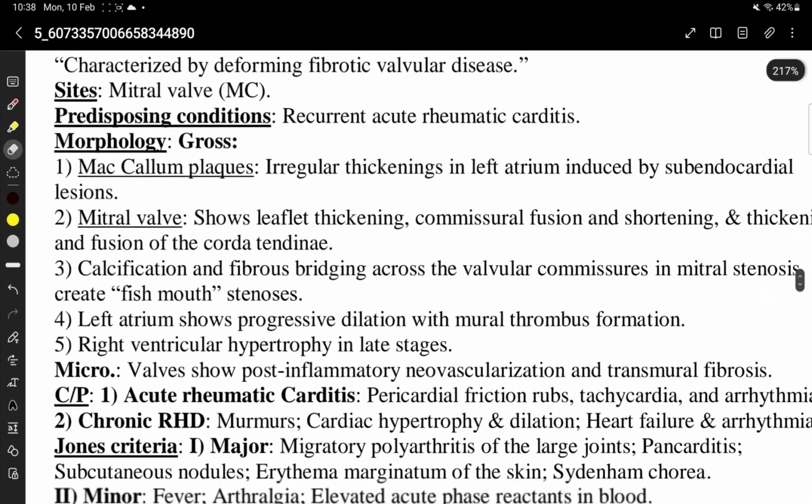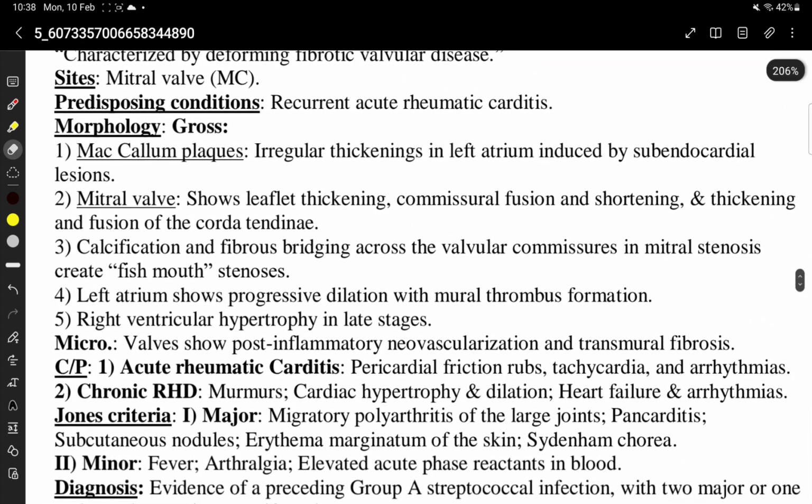Morphology. Gross morphology: McCallum plaques.